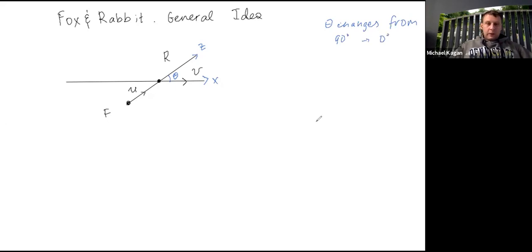Okay, so what I want to do is introduce two distances. First, distance number 1, the actual distance between the two, and distance number 2 is the x distance, the x separation between fox and rabbit.